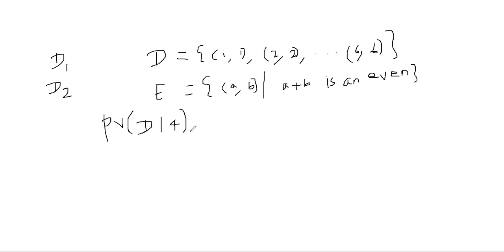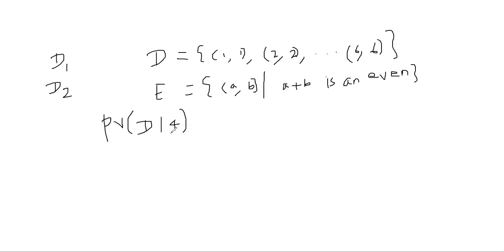So let me rephrase this more clearly. You saw the outcome of rolling 2 dice, and you added the numbers, so you got 4.